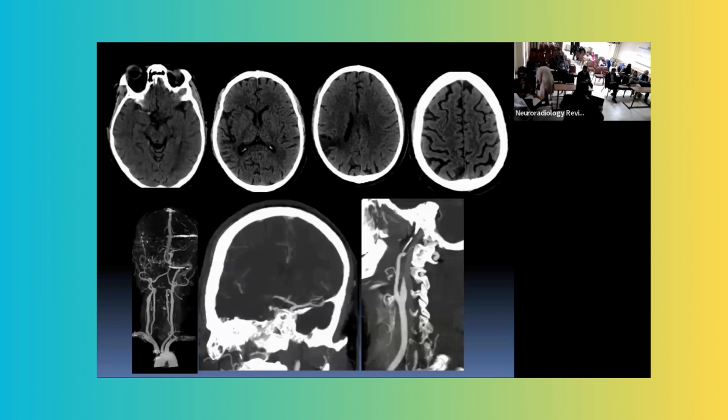When we did CT and CT angio, there was hypodensity in the right parietal lobe, which may be due to a prior ischemic insult. But when we compared the CT angio with the CT brain, there appears to be occlusion at the origin of the left ICA and right ICA, with non-opacification of the right MCA.